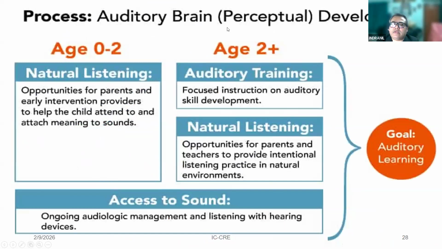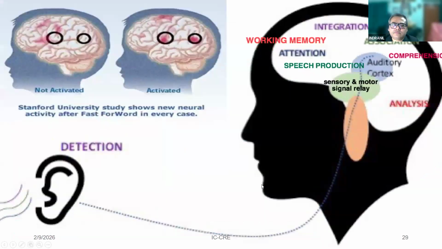So for auditory development, as we have already explained, auditory learning means first natural listening, and then we can have auditory training after 2 years. There will also be natural listening. So auditory training and natural listening lead to access to sound. Ultimately, this is nature plus nurture, the game of auditory learning.